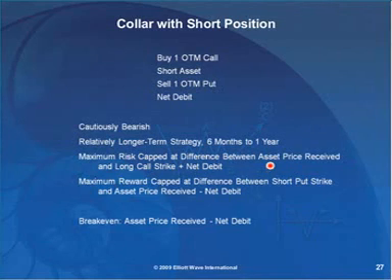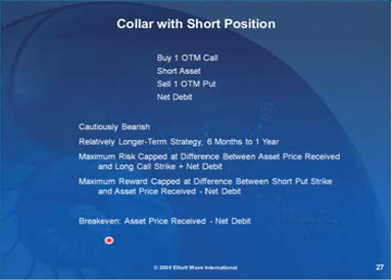Your maximum risk is capped at the difference between the asset price received and the long call strike plus net debit. Maximum reward is capped at the difference between the short put strike and asset price received minus net debit. So on the short side, your breakeven is the asset price received minus net debit.